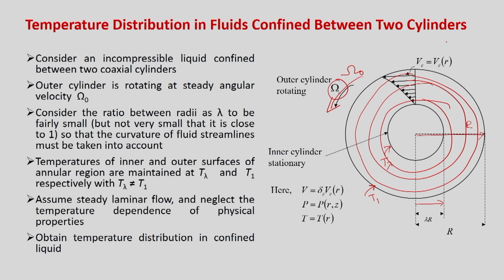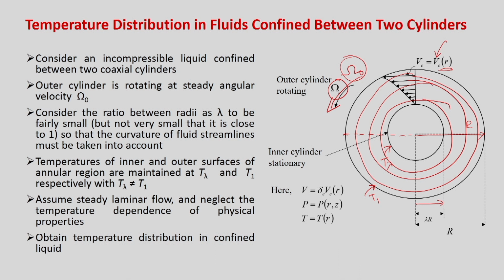Only the v theta velocity exists, and it changes with respect to r. Why does it change with respect to r? Because at small r equal to lambda R it is stationary, that is v theta is 0. At small r equal to capital R, it is rotating with angular velocity omega naught. So, in the radial direction it is varying, and further we understand that we have a laminar flow, where the flow taking place in the upper half would be the same in the lower half, that is, the flow is symmetric in the theta direction.